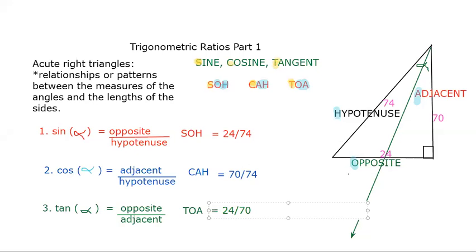So the sine of alpha is 24 over 74, the cosine of alpha is 70 over 74, and the tangent of alpha would be 24 over 70. You take your side lengths and you can set up those ratios.